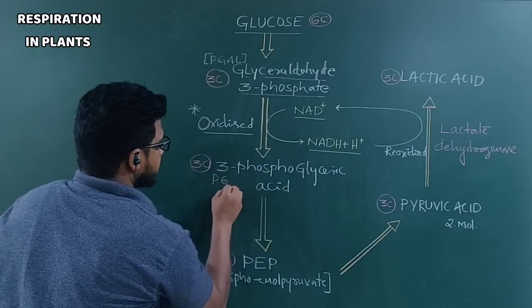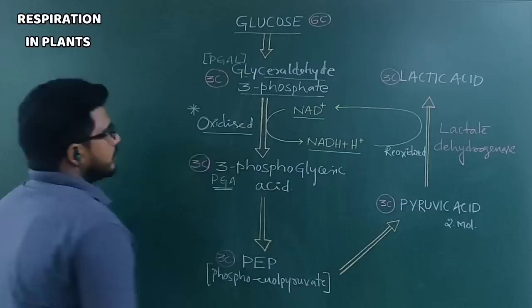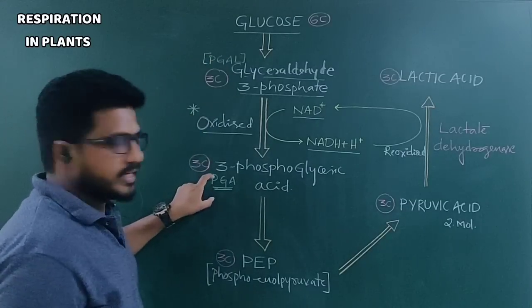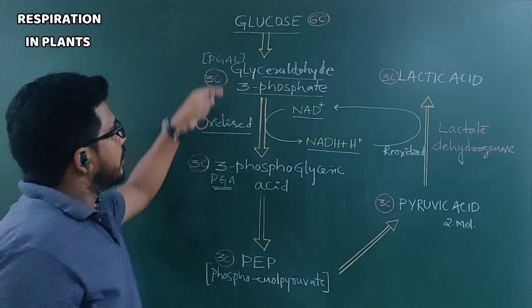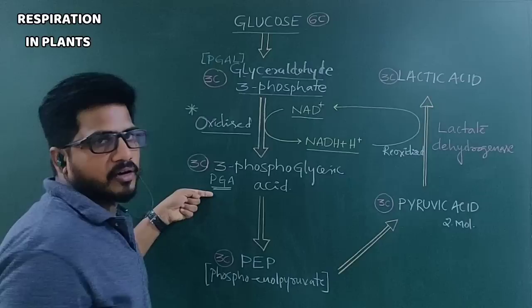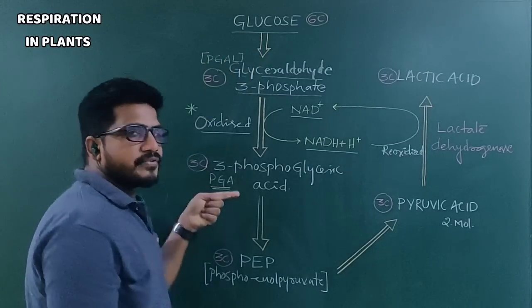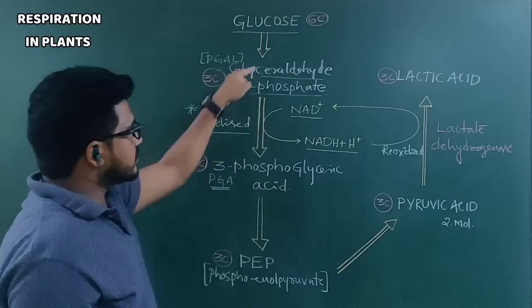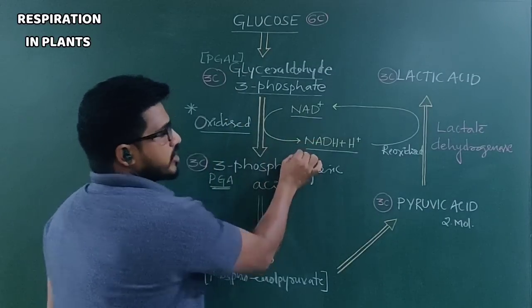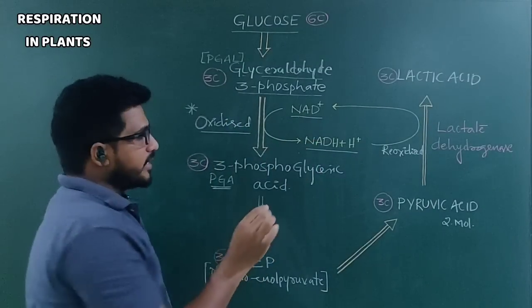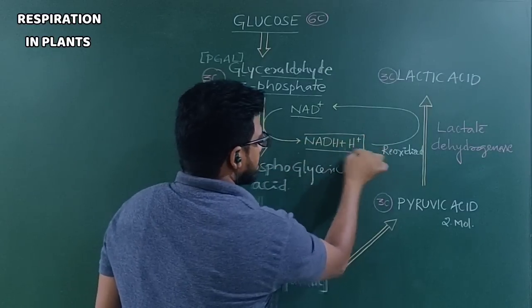This is PGA. So the aldehyde becomes an acid by oxidation. The aldehyde group is oxidized and becomes the acid component. So phosphoglyceraldehyde becomes phosphoglyceric acid. In this step, one NAD is oxidized into NADH2. Clear?